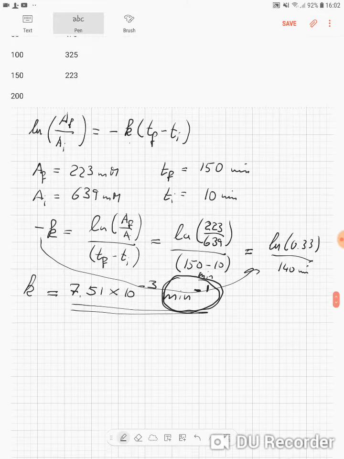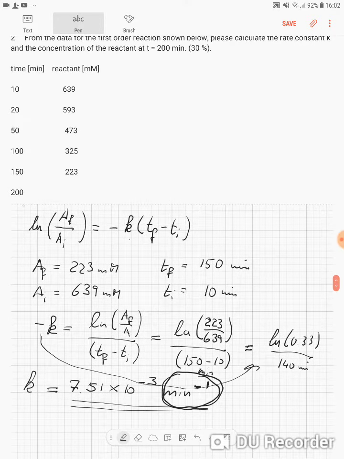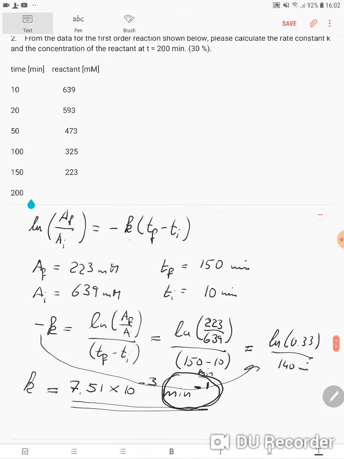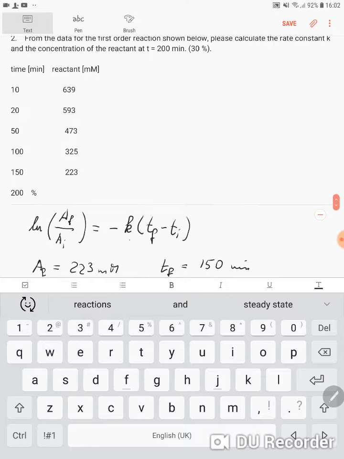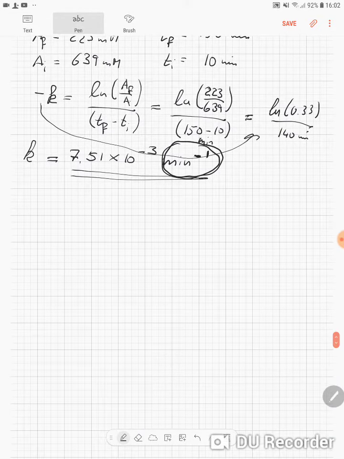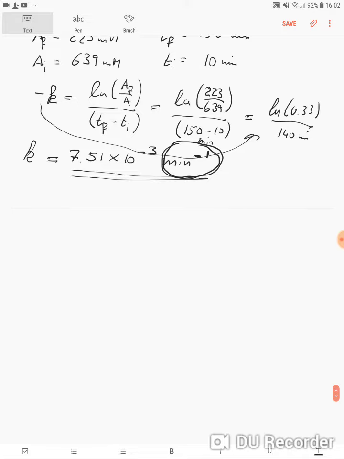Now we also want to calculate the final concentration at a time of 200, so that's this part here. To do that, we use the rate constant we've just calculated.